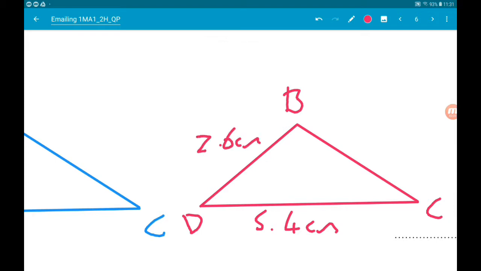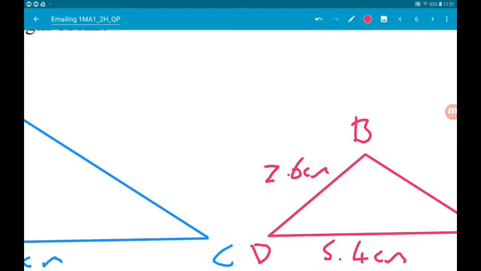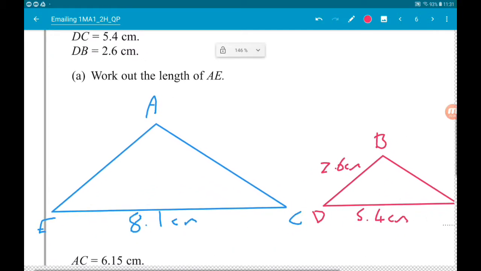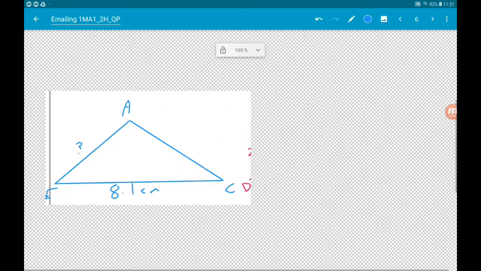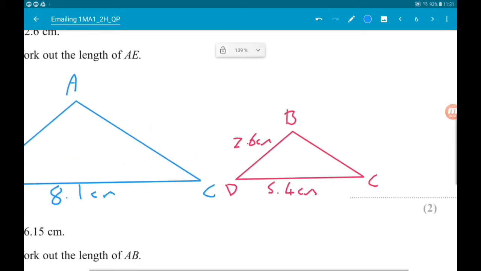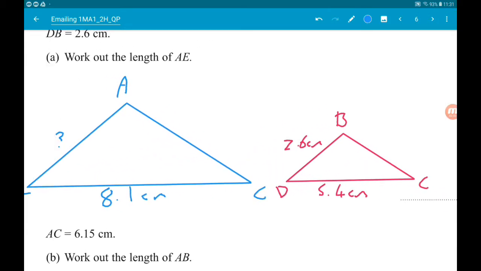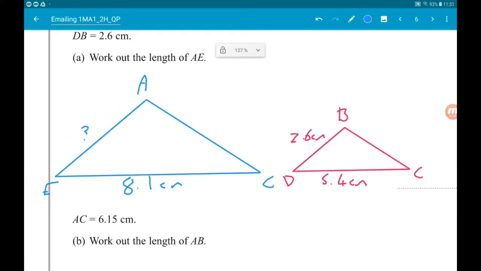Okay, so part A wants us to work out the length of AE. So we want this length here. So when two triangles or shapes in general are similar, it means that the lengths are connected by a scale factor.